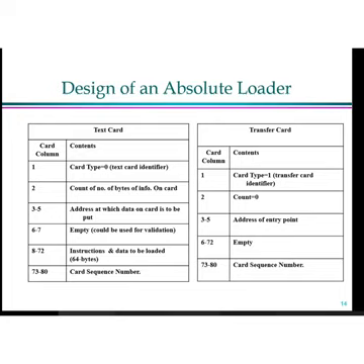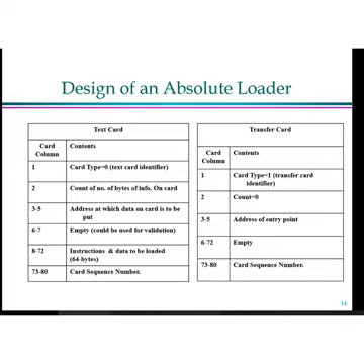Okay, so your absolute loader receives input in the form of some cards, like text card and transfer card. Multiple text cards are allowed, but only one transfer card is there. The text card is holding your actual object code and the transfer card is helping to transfer control to the first instruction. So this is the gist of today's absolute loader discussion.